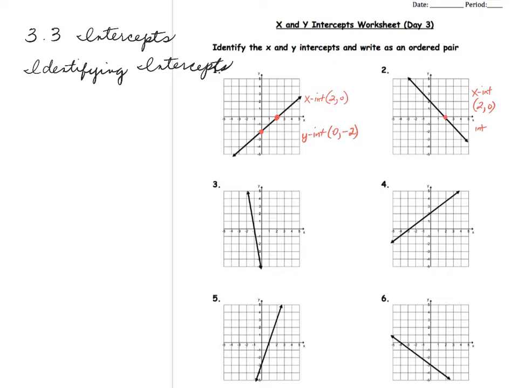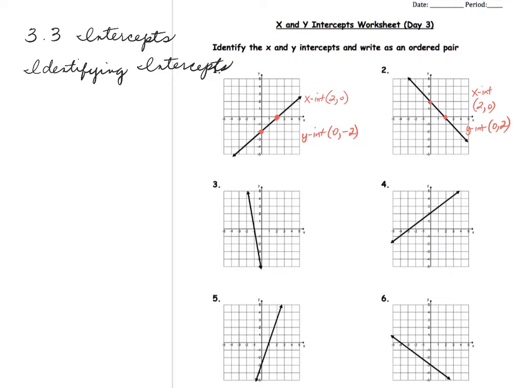The y-intercept is, let's see, right here. So that's (0, 2). Remember, you have to name the x-coordinate and the y-coordinate. Every intercept is a point.